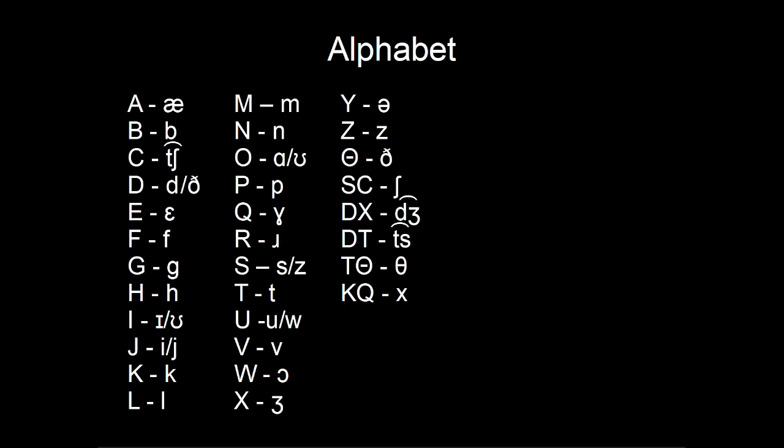Then you got K, L, M, N, A/U, P, G, R, S/Z, T, U/W, V, O, J, A, Z, V, Sh, J, C, F, H. I haven't probably done the best of pronouncing those either.